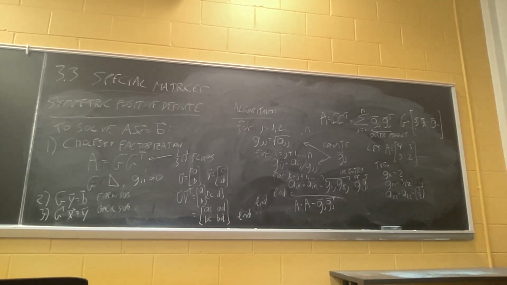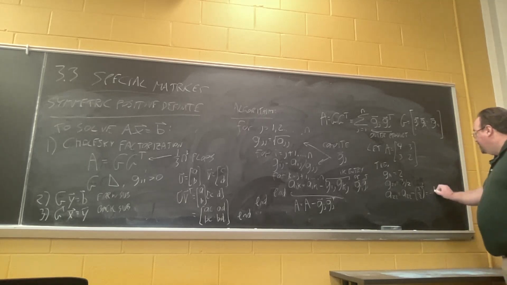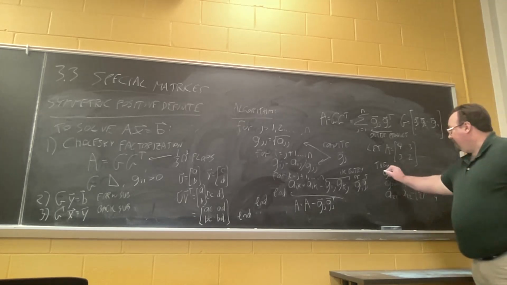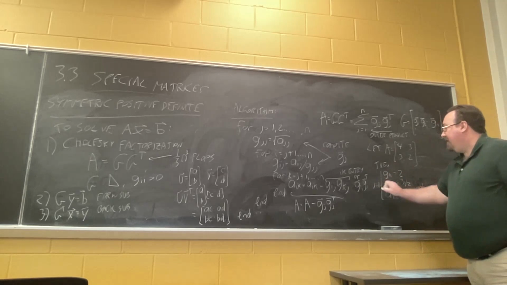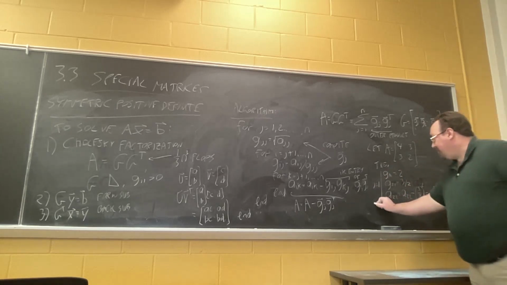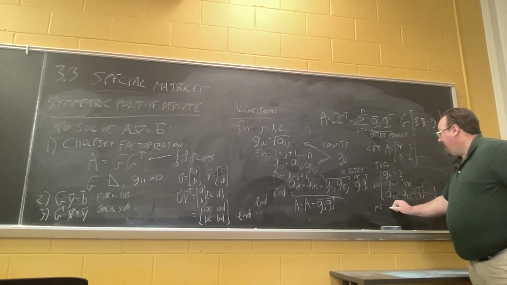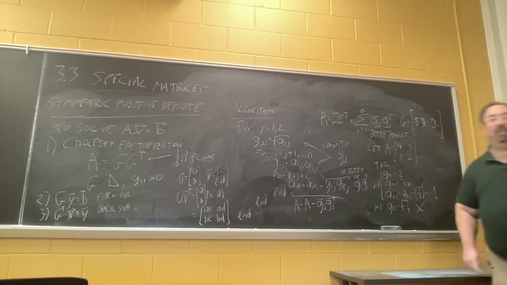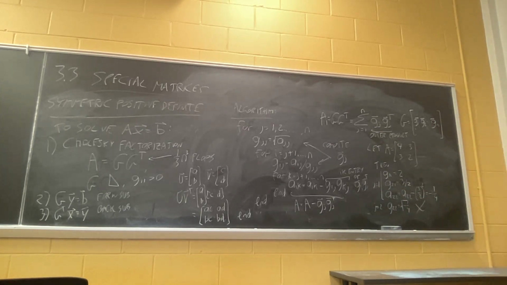So it's going to be equal to 2 minus 9/4, so it's equal to minus 1/4. So all of this is for J equal to 1. Now, when J is equal to 2, we have G22 is going to be the square root of minus 1/4. And the algorithm breaks down.